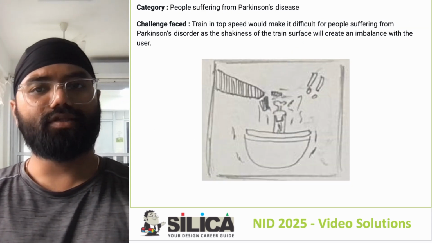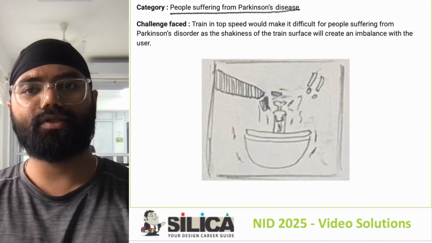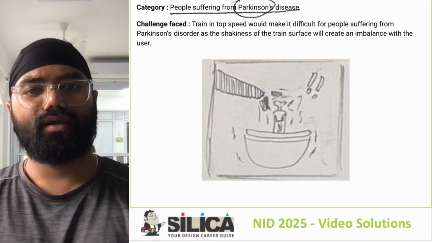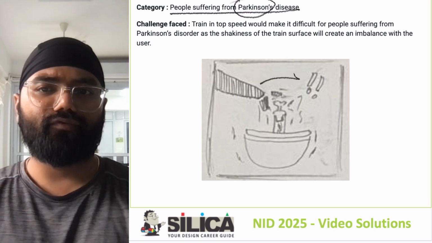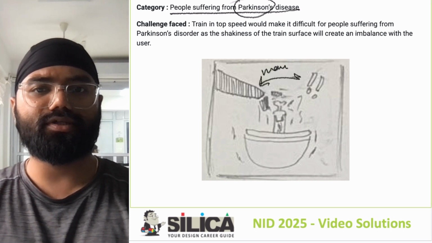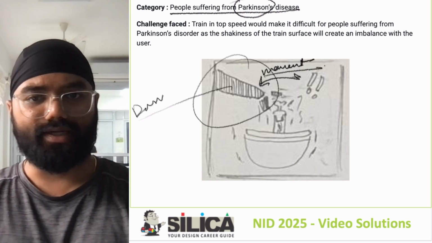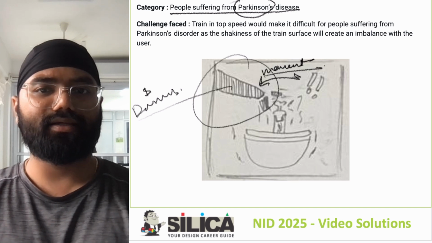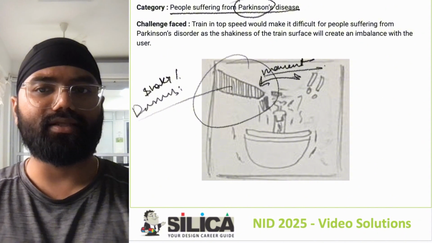Now moving on to the third section, where we are showcasing people suffering from Parkinson's disease. This one is more about neuromuscular disabilities, where we have tried to show a person with tremors trying to wash hands while the train shakes. The major challenge is that this type of disease causes hand tremors and poor balance.